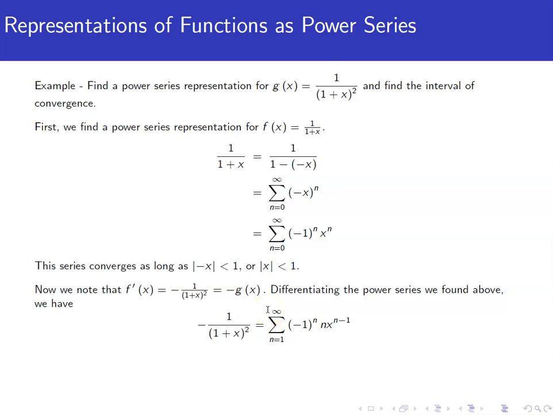So if I differentiate both sides, up here, we get negative 1 over 1 plus x squared is the sum from n equals 1 to infinity, again starting at 1 because the constant term fell off, of negative 1 to the n times n x to the n minus 1. So if I multiply both sides by negative 1, I get a power series representation for g of x that looks like negative 1 to the n plus 1, n x to the n minus 1.